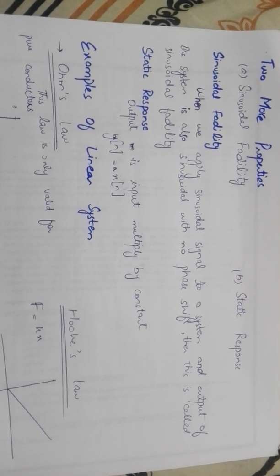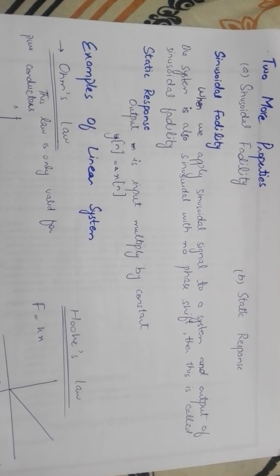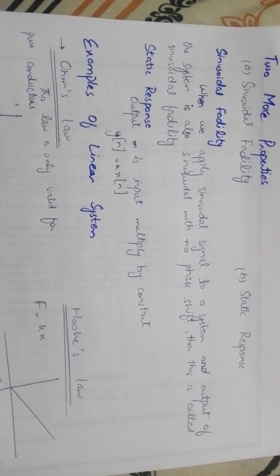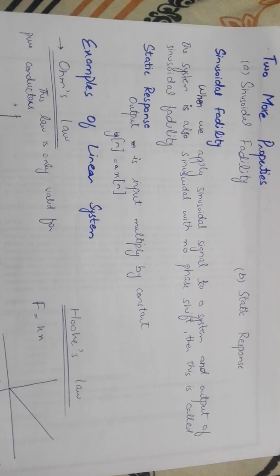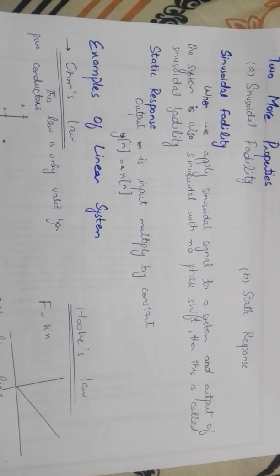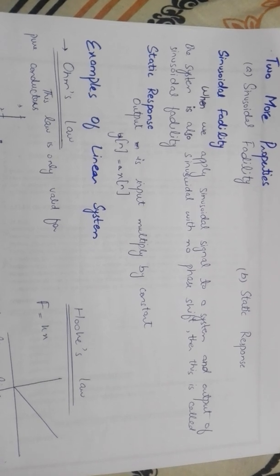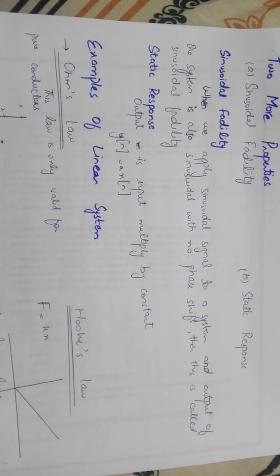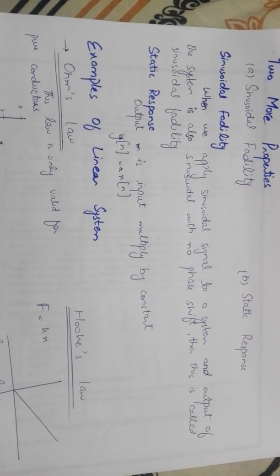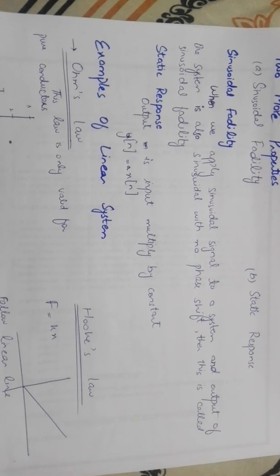Sinusoidal fidelity: when we apply a sinusoidal signal to a system and the output of the system is also sinusoidal with no phase shift, then this is called sinusoidal fidelity. Now, what is static response? Output is input multiplied by a constant, meaning the output is the same and only a constant is multiplied by it.